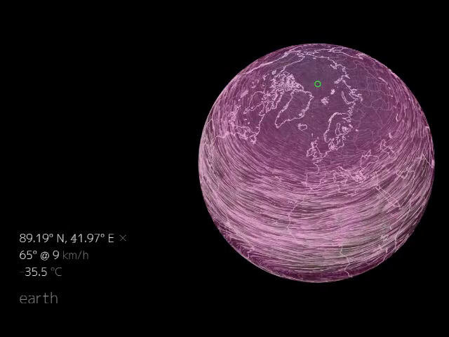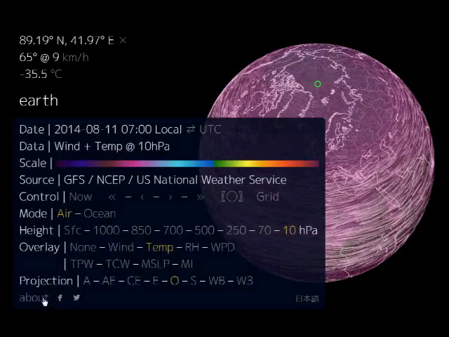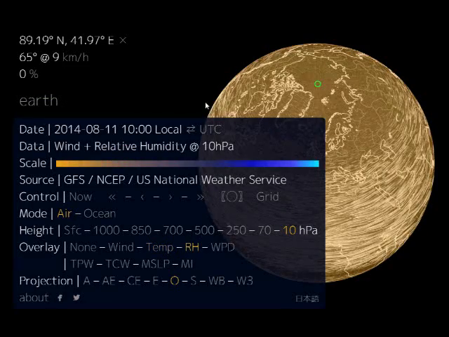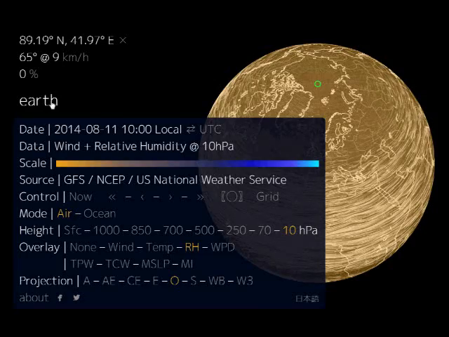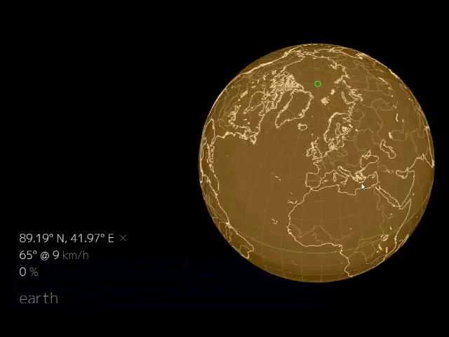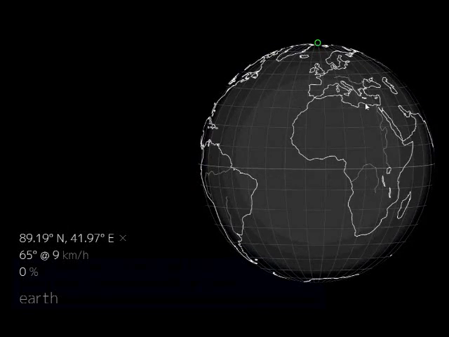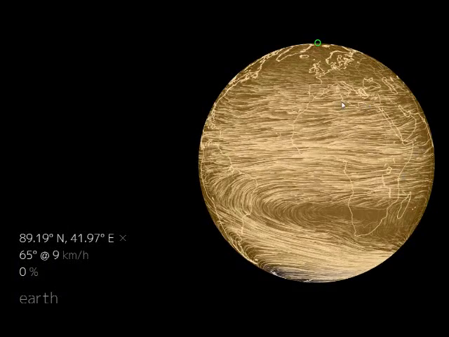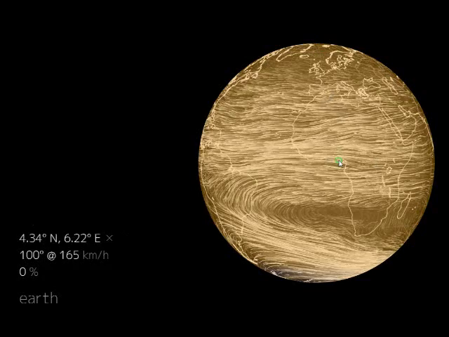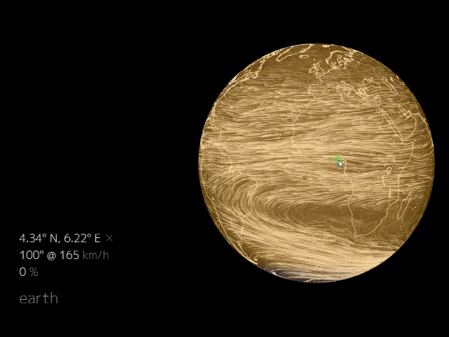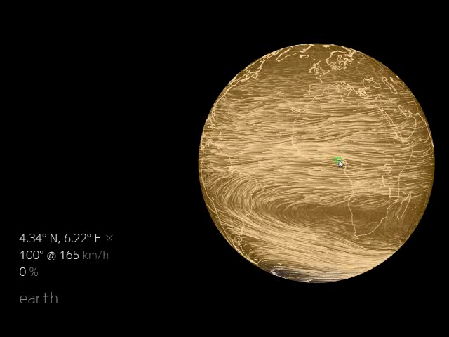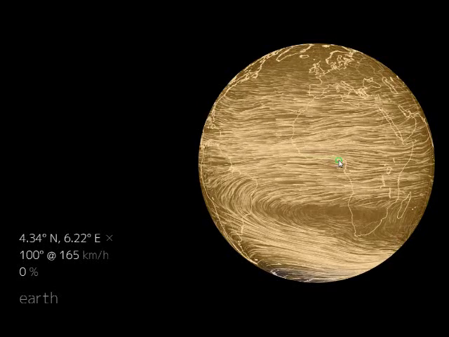Now I just want to go over to the residual humidity, and we can see that it is noticeable again. We can see more residual. Let's just take a few readings there. So 165 kilometers per hour.